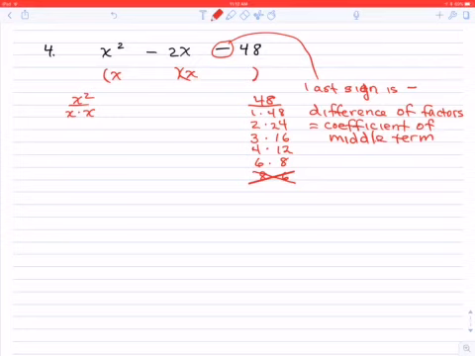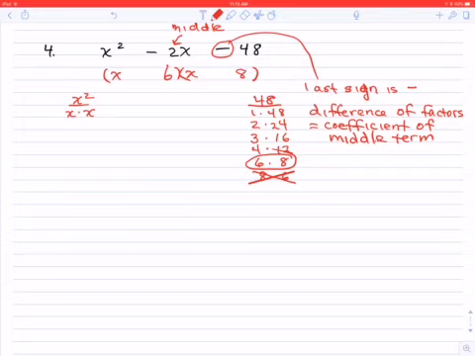Okay, so that's the middle term right here. The 2 is the coefficient of that middle term. So I want the difference of these factors to equal 2. 6 and 8 will do it.